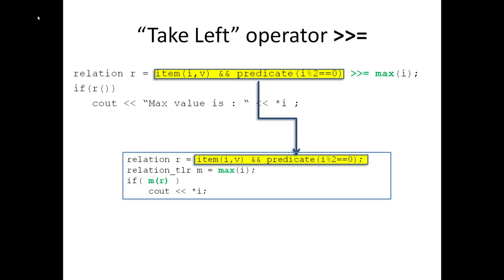In summary, the take left operator is just a syntactic shortcut for the more verbose syntax that you see below. Its primary job is to provide a mechanism using which TLRs like max can get access to the entire input sequence prior to them being able to generate a solution.